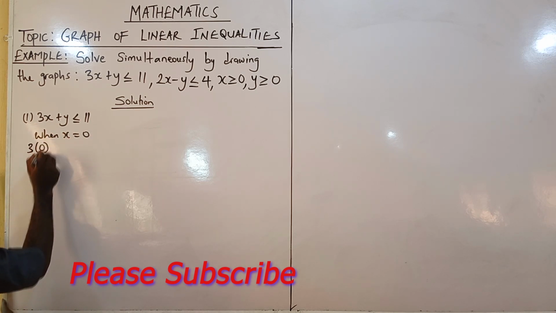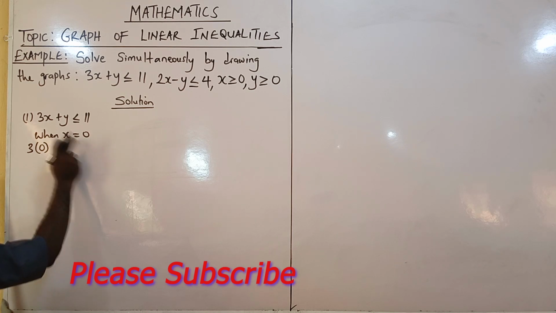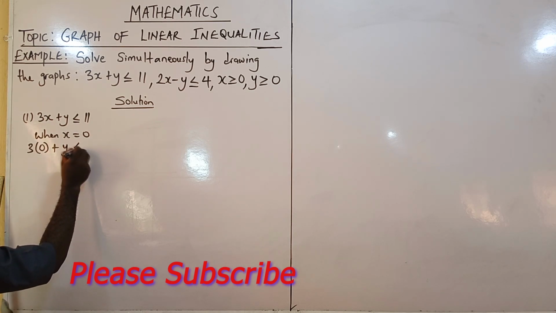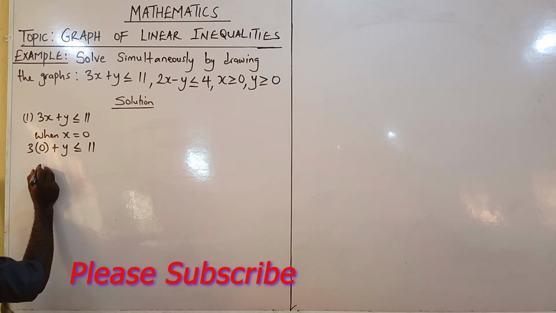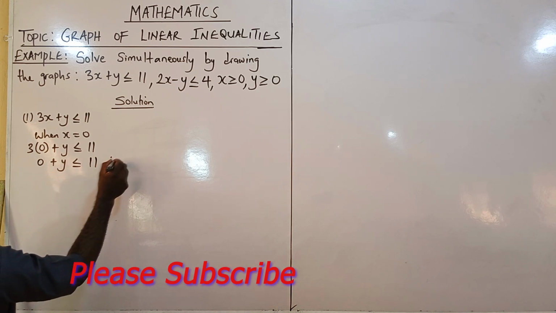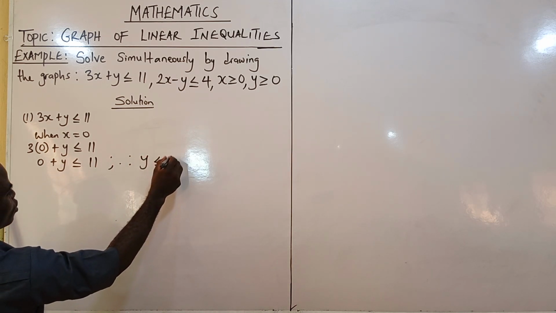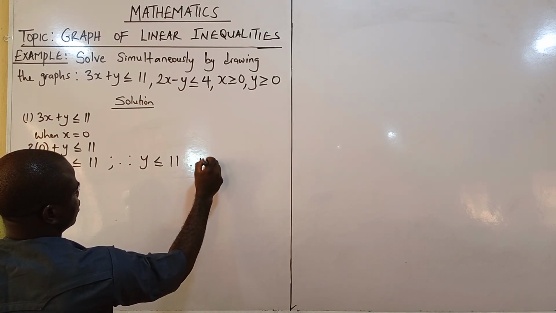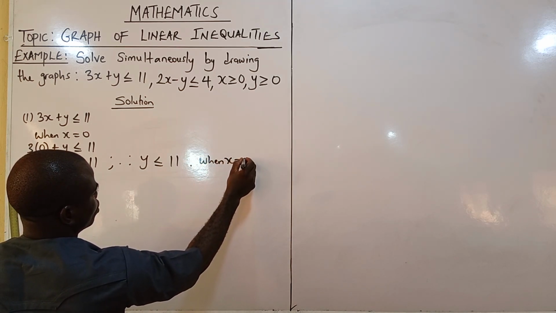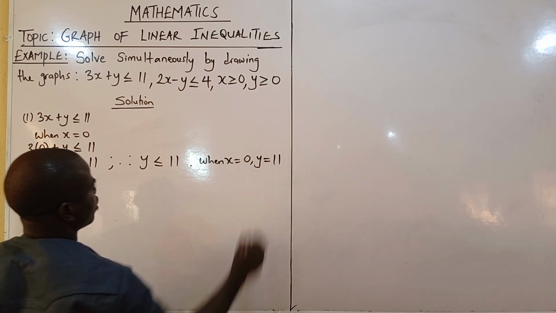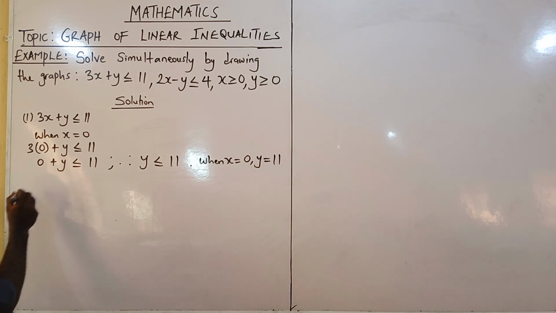We replace x with 0 in 3x plus y less than or equal to 11. 3 times 0 is 0, plus y less than or equal to 11. Therefore y is less than or equal to 11. That means when x equals 0, y equals 11.